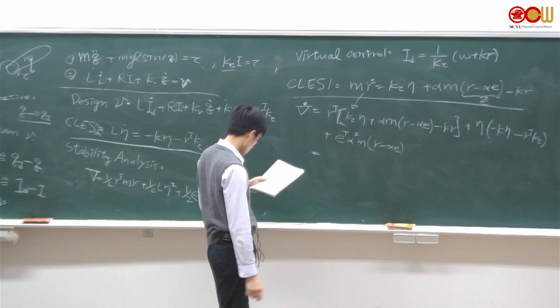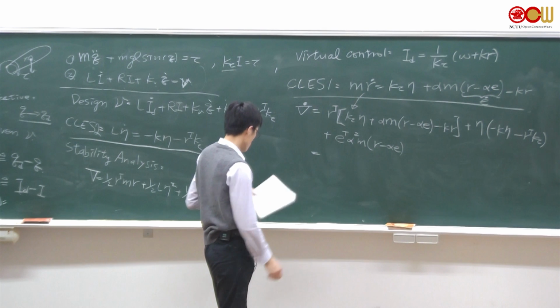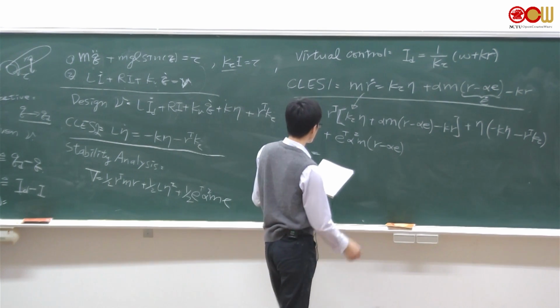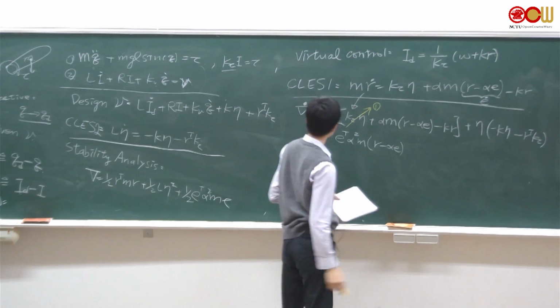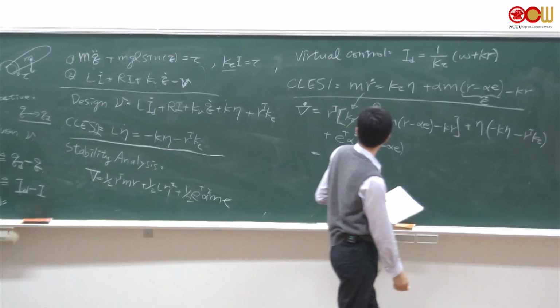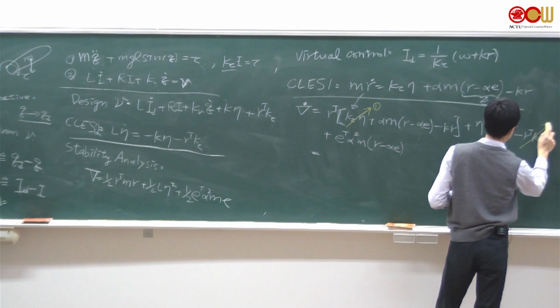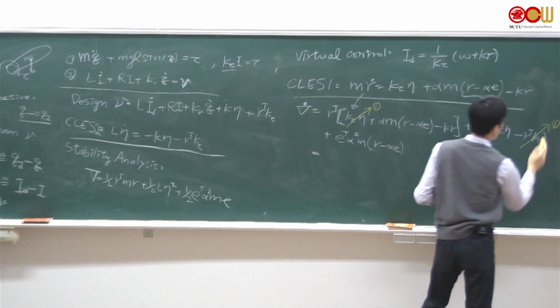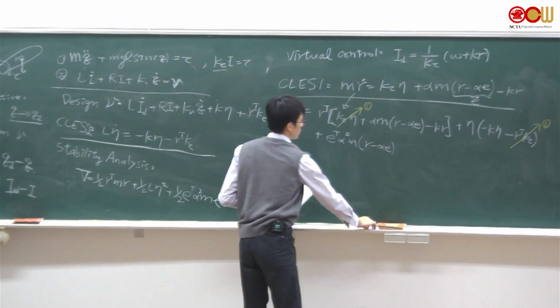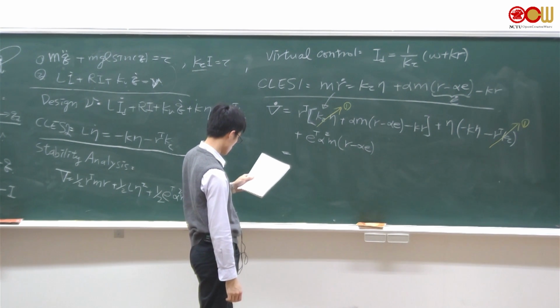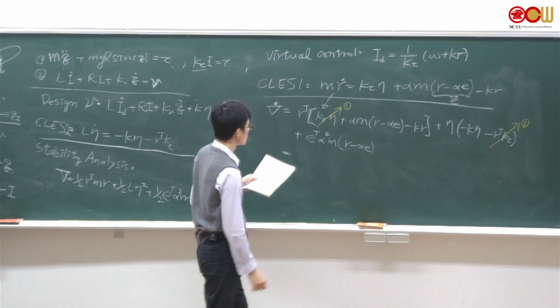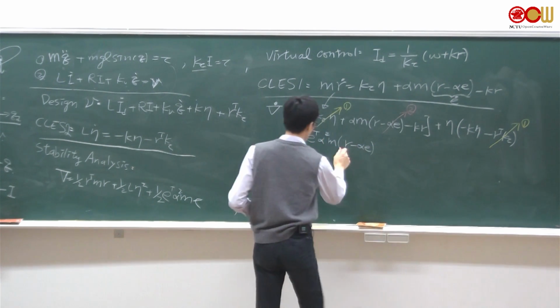Now you can cancel out the terms. For example, this is cross term. Cross term is this. Okay, this is the first cross term. And another cross term is this cross term.